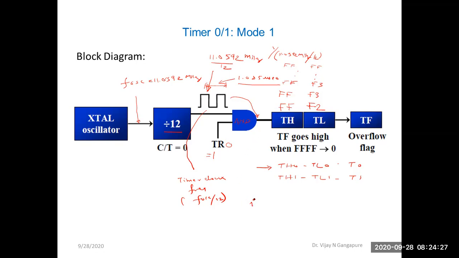We can calculate this by using F minus F2, where F2 is the initial value loaded into the timer register. This value becomes decimal 13, meaning after 13 pulses the count in the TH and TL registers becomes FFFF.